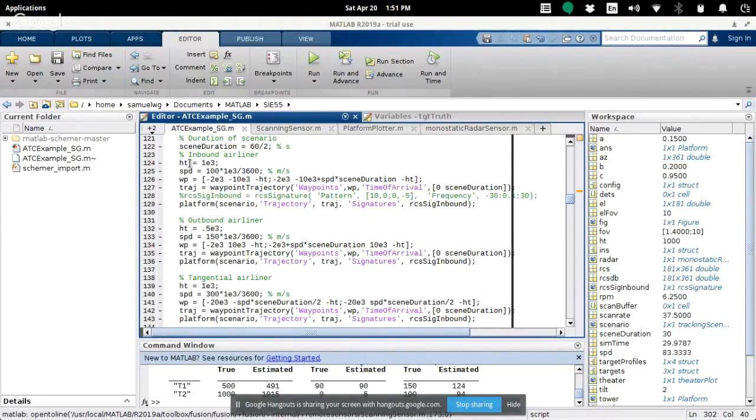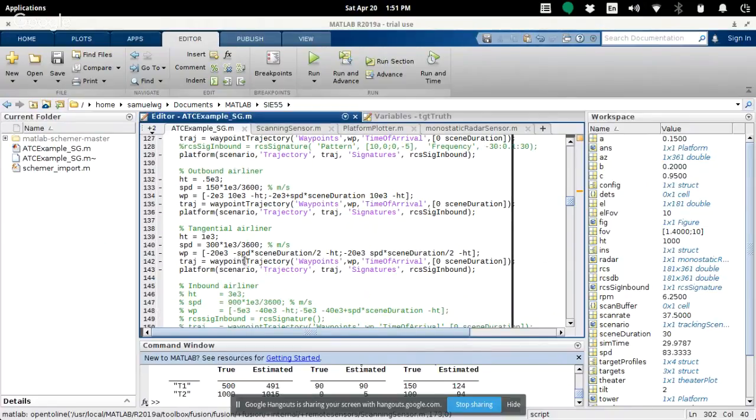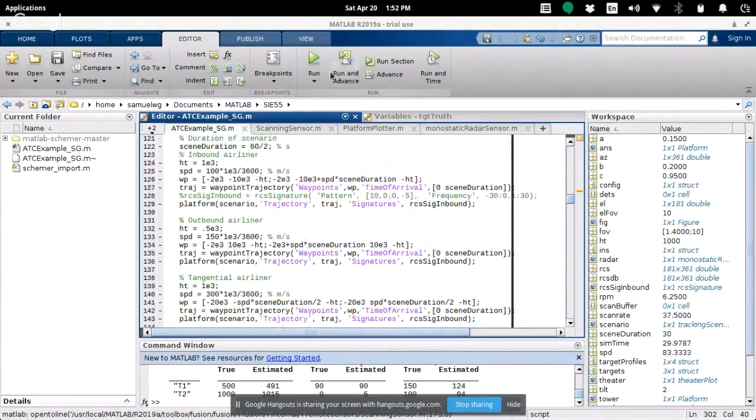So we actually have an inbound airliner, we have an outbound airliner, and then we have one flying tangential to the airport, and so why don't I go ahead and get this running?